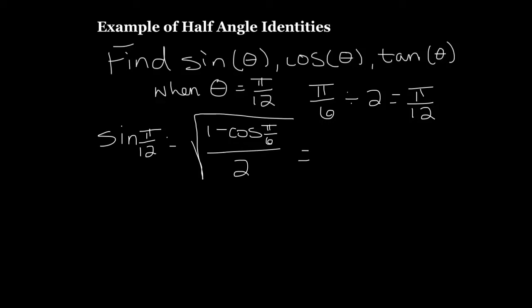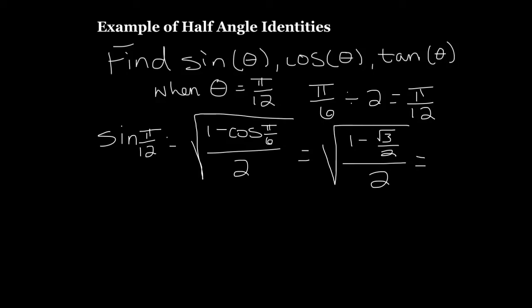So once I solve that, I'm going to find the cosine of pi over 6, which is square root of 3 over 2. And I have to do a little bit of subtraction here. 1 minus the square root of 3 over 2. So that's a little tricky.